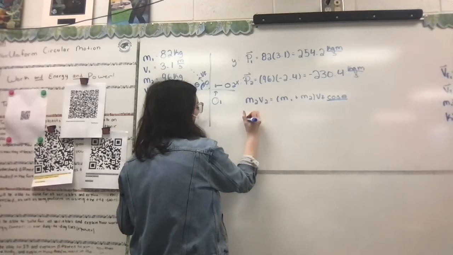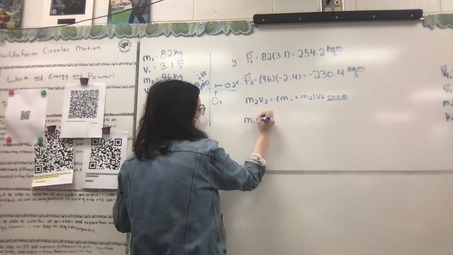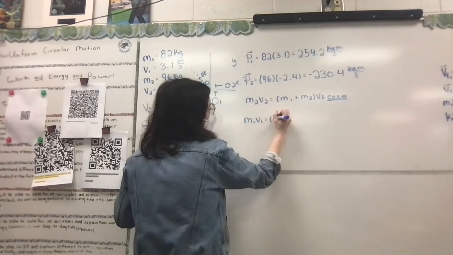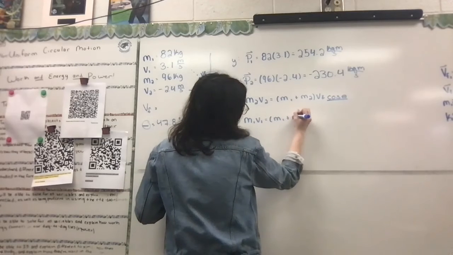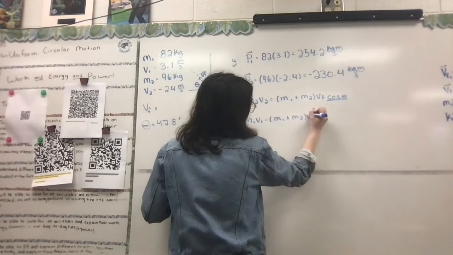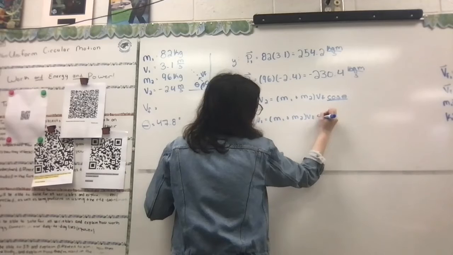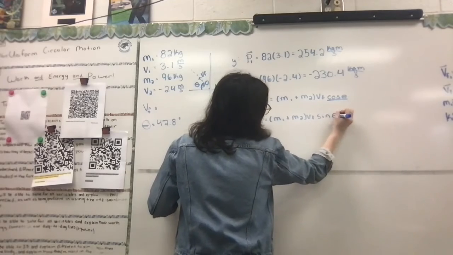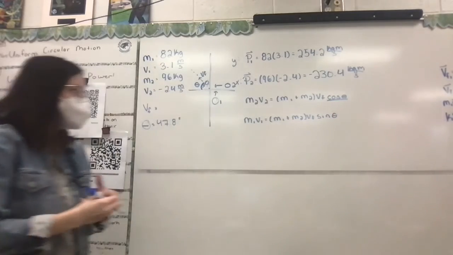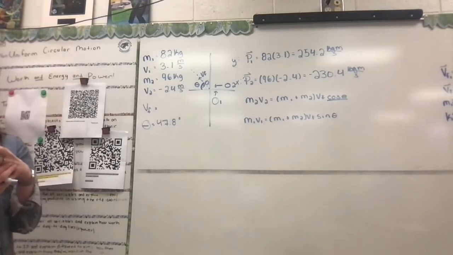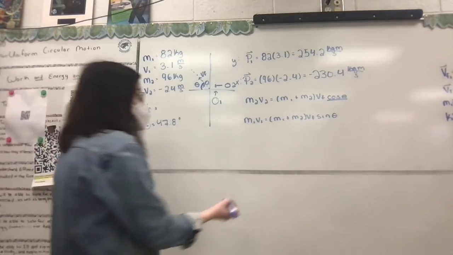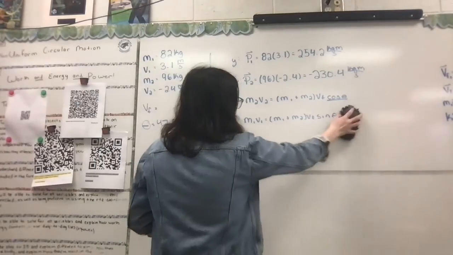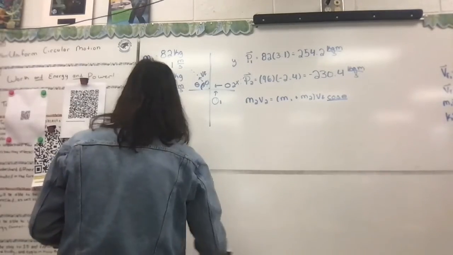And then if we were summing them in the y direction, we would have m1 v1 equals m1 plus m2 vf what? Sine of theta. So which one do you guys want to use, cosine or sine? Cosine, of course. Okay. Well, if we're using cosine, what do we do to get vf alone?